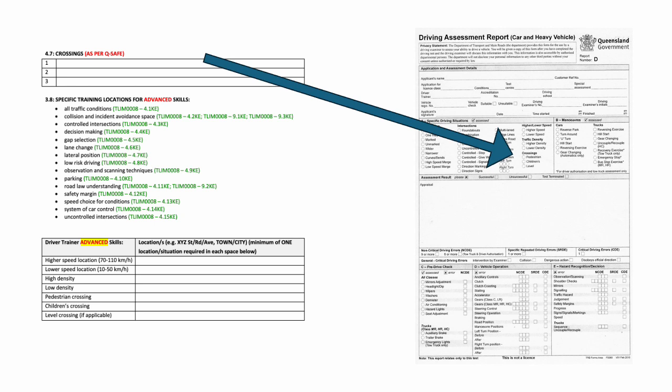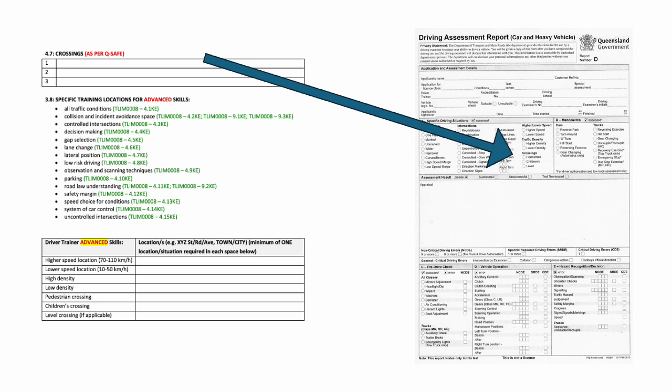Let's stay on the left side of the page, 3.8, specific training locations for advanced skills. So we're coming up to a point here where we're not only getting ready to do a driving test, but thinking about beyond the driving test and preparing our student for that phase of their driving.